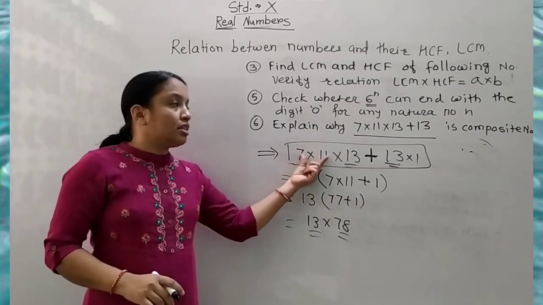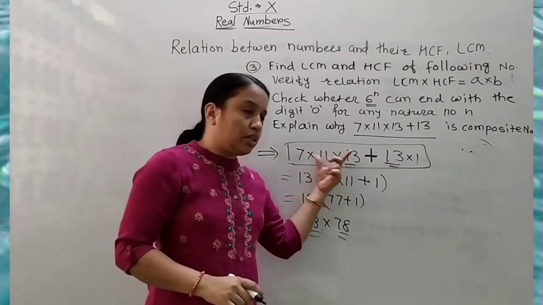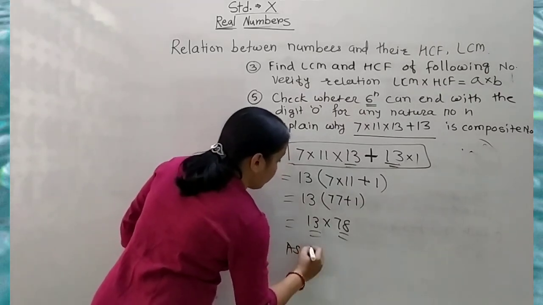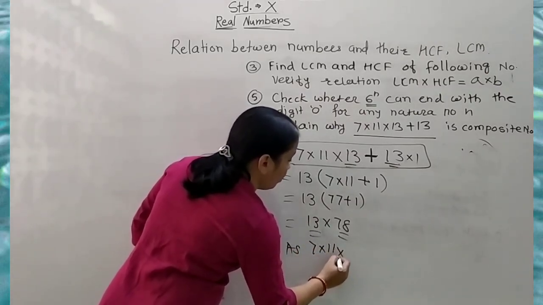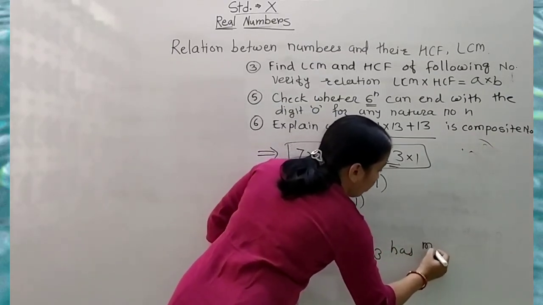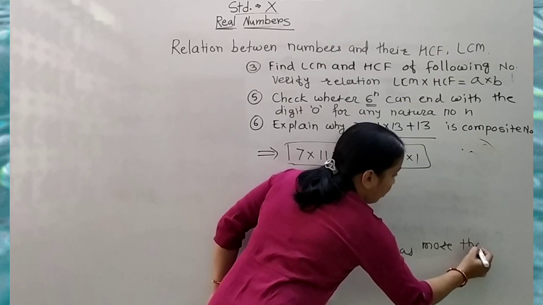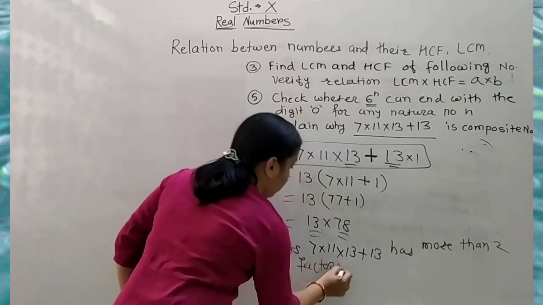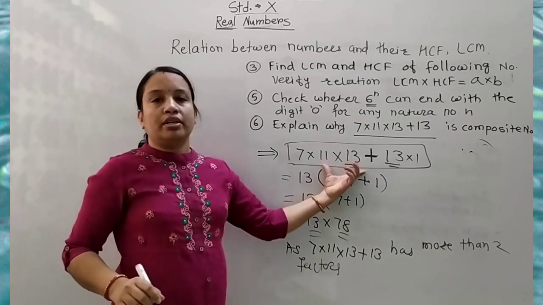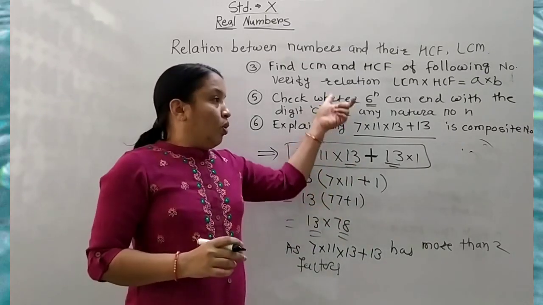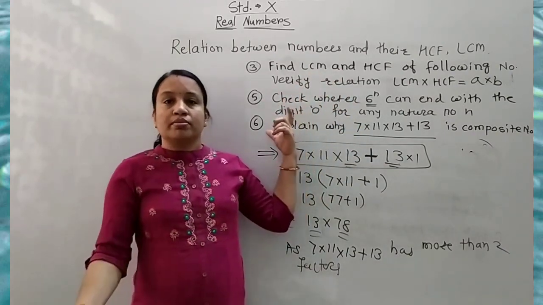So as this expression, 7 into 11 into 13 plus 13, has more than 2 factors, this means that this number is a composite number. Okay. Hope you understand this topic.